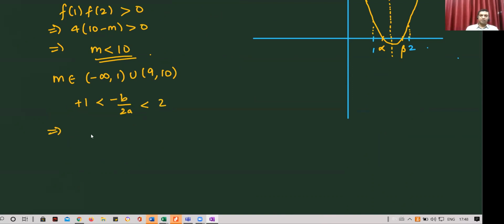Okay, let us see whether that happens. All right, let us see whether this happens. Minus b is m minus 3 by 2 should lie between 1 and 2. So multiply throughout by 2.